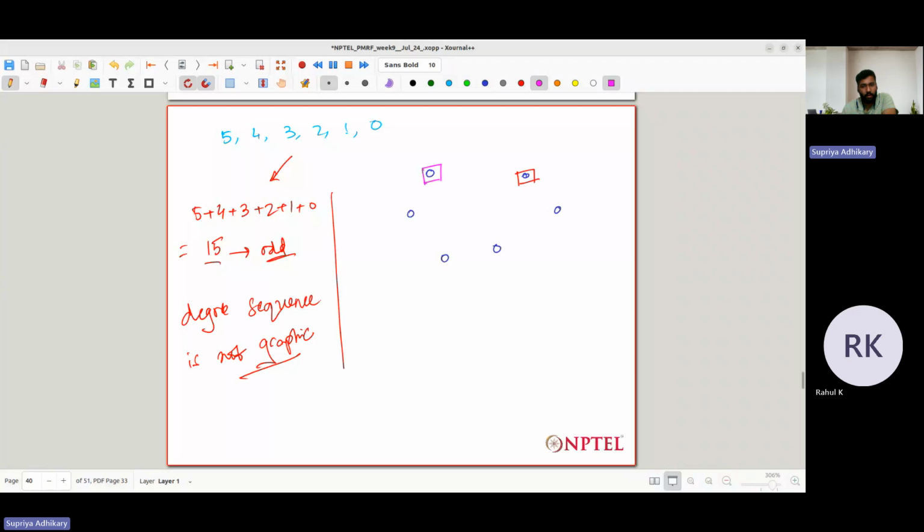But there also exists another vertex which has degree 5, so it should be connected to each and every other vertex. But that contradicts that this vertex has degree 0. So using that logic, we can say that the degree sequence is not graphic.